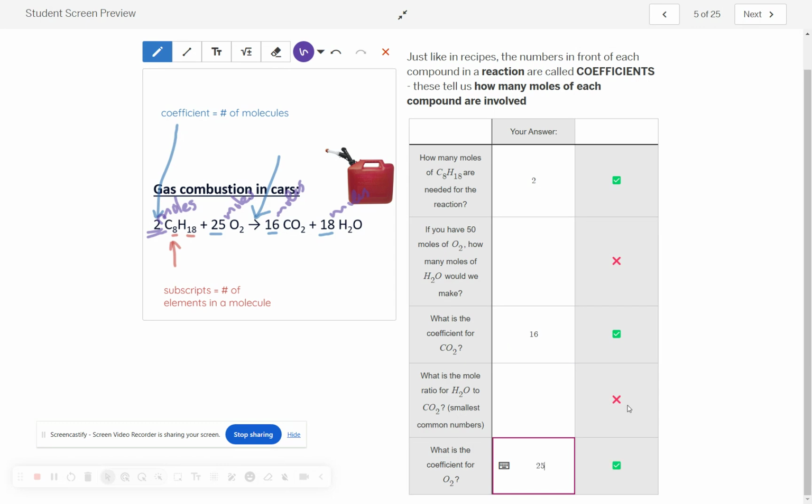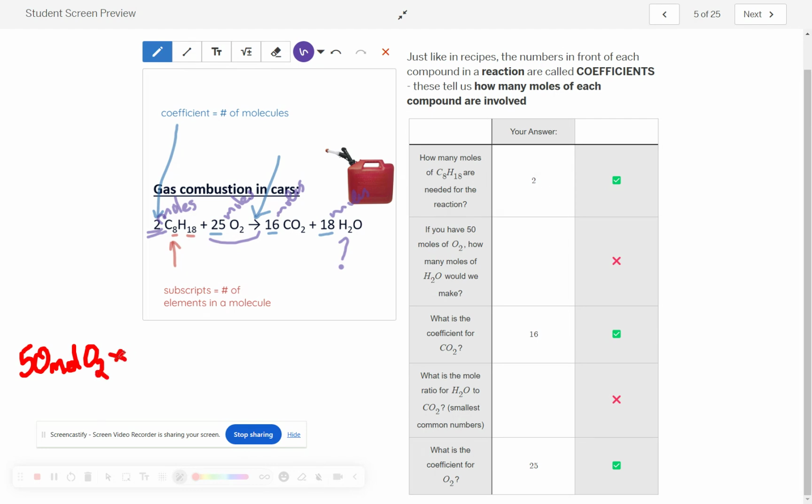All right, so now let's tackle these more challenging questions. If you have 50 moles of O2, so here's our O2 again, how many moles of H2O would we make? So the question is if I have 50 of those, what am I going to do to make the number of water? So we are going to set up our problem. We're going to say we have 50 moles of O2, from the problem, which is what we have.